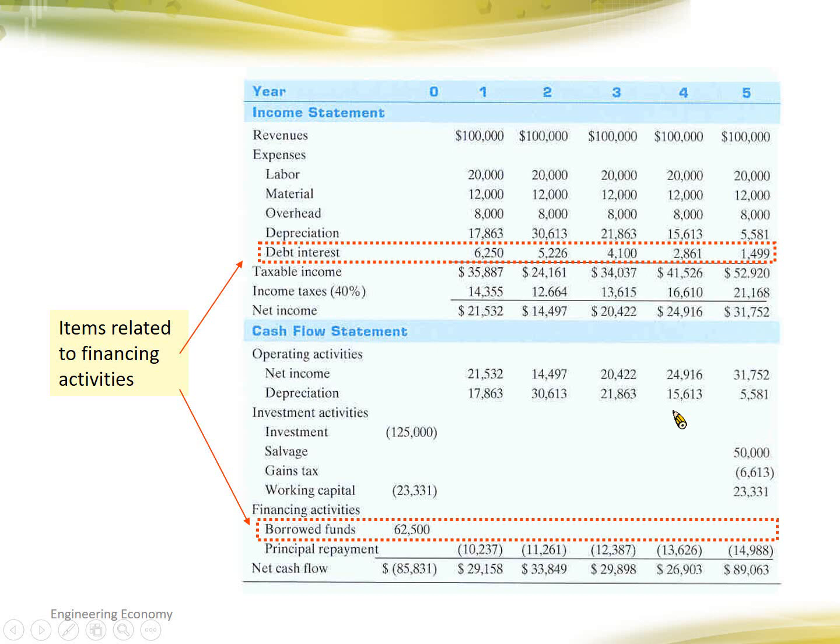So we cannot further treat them to reduce taxable income. Okay, so we will only consider interest here, and these parts are still considered as financing activity, but they will not be placed here to allow further tax reduction.